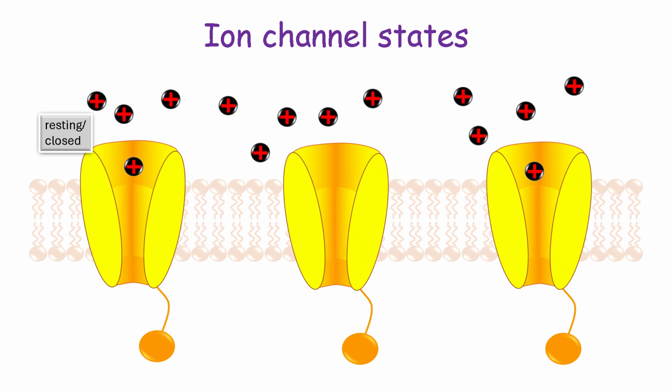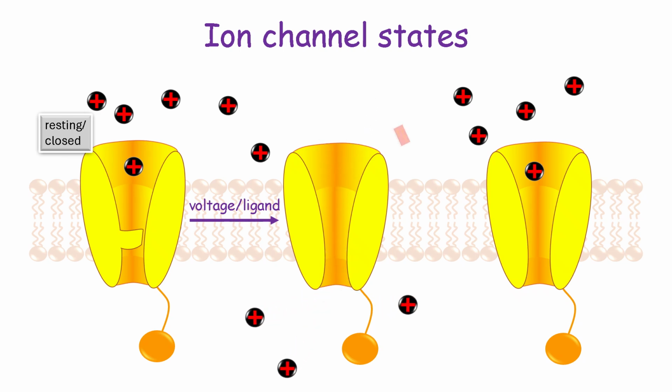The gate that controls ion flow is closed so that ions cannot access the pore and cross the membrane. When exposed to an appropriate stimulus, like membrane depolarization or receptor agonist, the gate opens, allowing the free flow of ions across the membrane down their electrochemical gradients. This is the open or activated state.